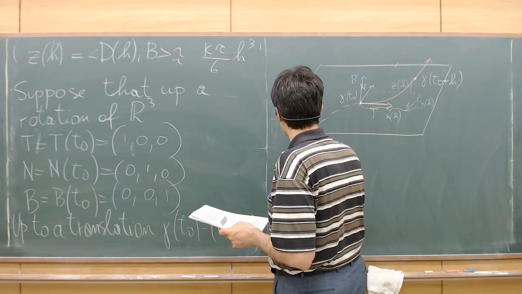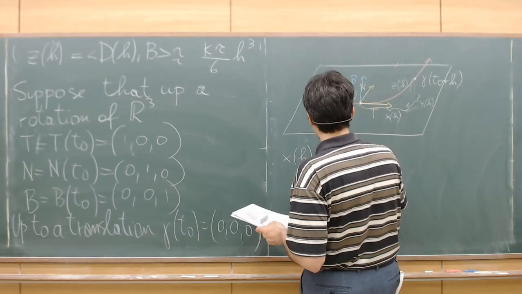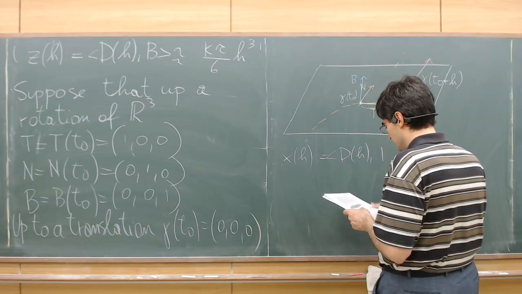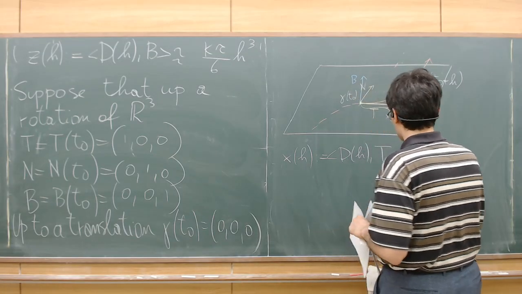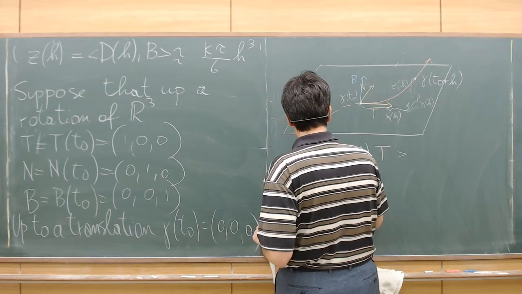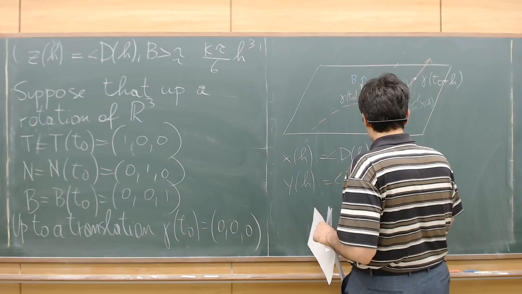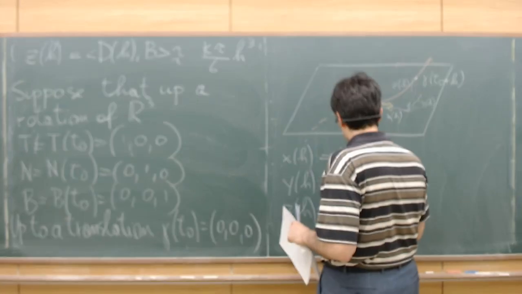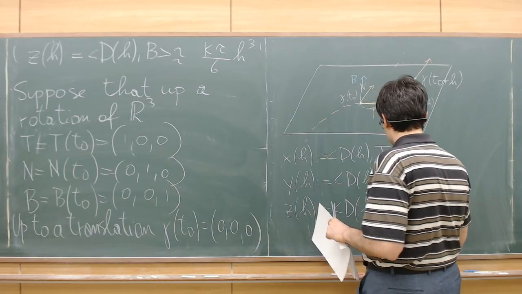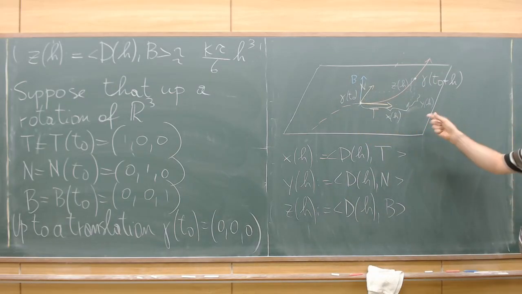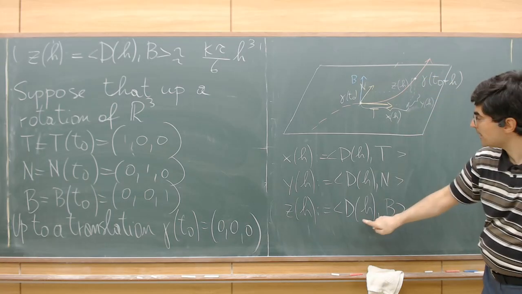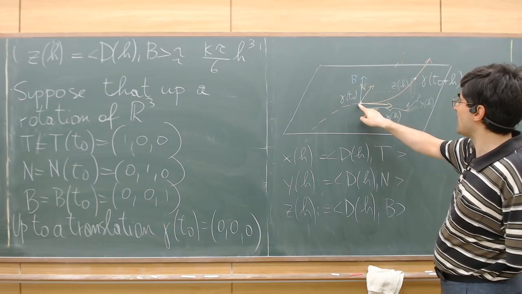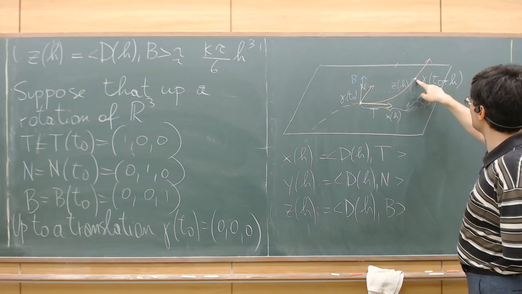Why? Because we define x of h as d of h comma T, y of h as d of h comma N, and z of h as d of h comma B. So essentially d of h on this blackboard is the vector having its tail at gamma of t0 and its tip at gamma of t0 plus h.